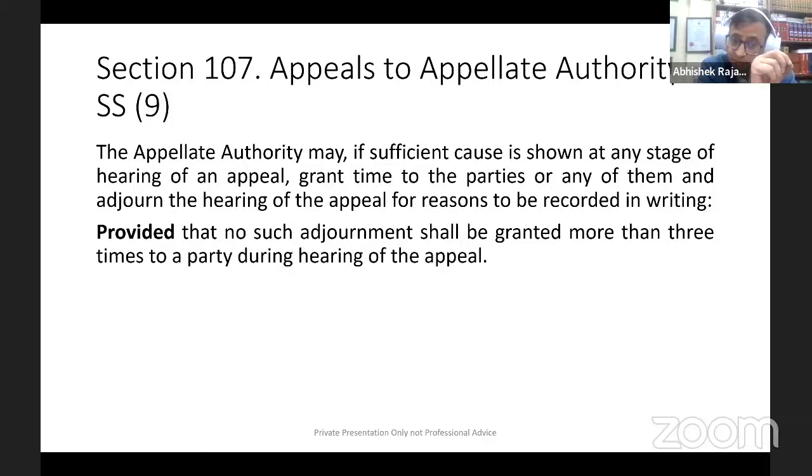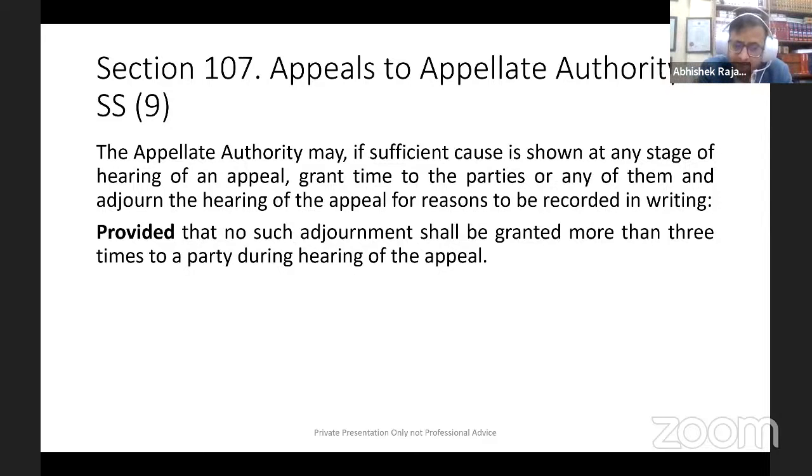This proviso to subsection 9 of section 107 should not be strictly implemented, should not be understood verbatim, but should be used as overall guidance.